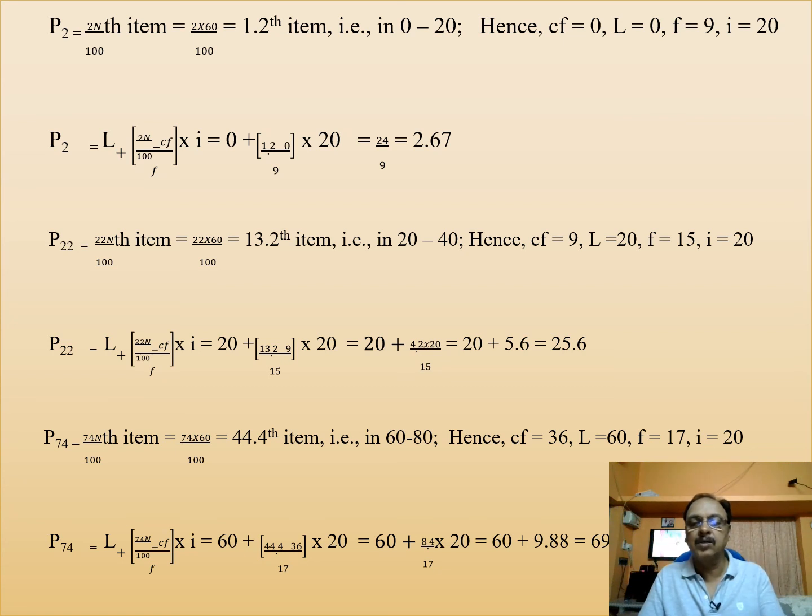That is in 60 to 80. Then you identify CF, L, F and i. That is 36, 60, 17 and 20. And like that, applying the formula, you will be getting 69.88. Okay.